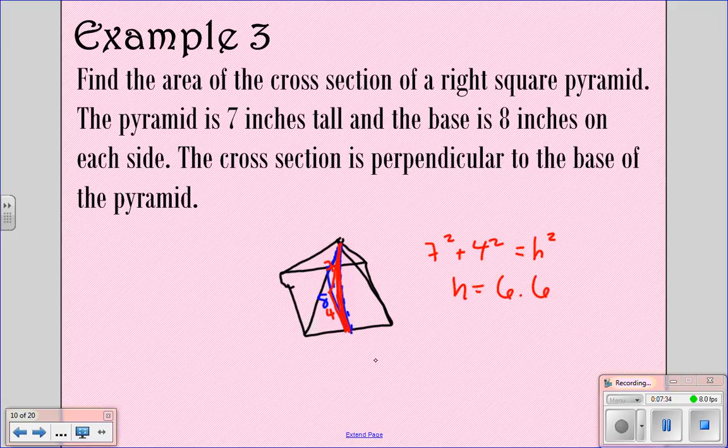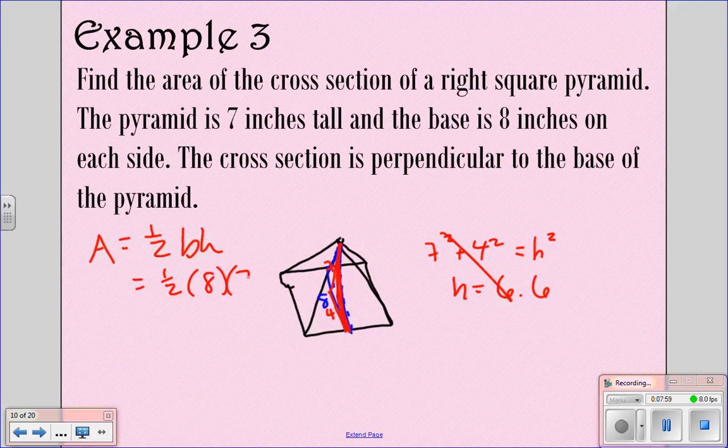And so for your area, oh wait, we didn't even need that. I was going to find the perimeter. Well, that'd be for your perimeter. You'd have a 6.6 and then a 6.6 and an 8. But for your area, sorry, we're going to do 1/2 base times height. So here, the base length is 8 and then the height is 7.